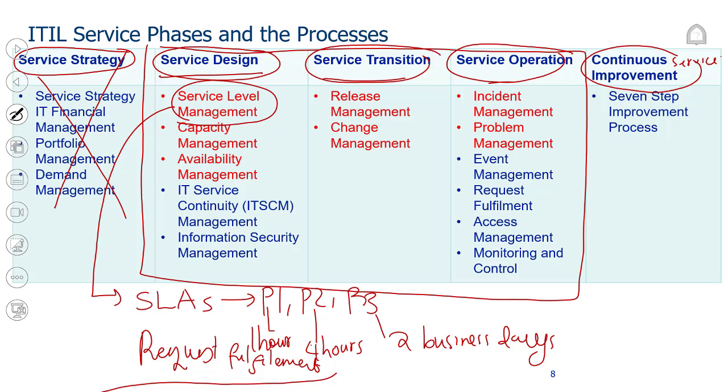If I agree with my customer that the process should take 2 days, I can raise a request fulfillment ticket to the service desk, and the service desk should coordinate that with the technical teams to make sure that my laptop, my accounts, and everything that I need is ready within those 2 days. Okay, so that's all about service level management, where you agree with the customers on the acceptable time for the services they're providing for you.